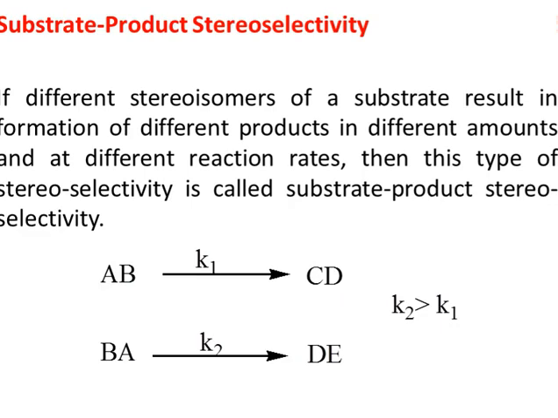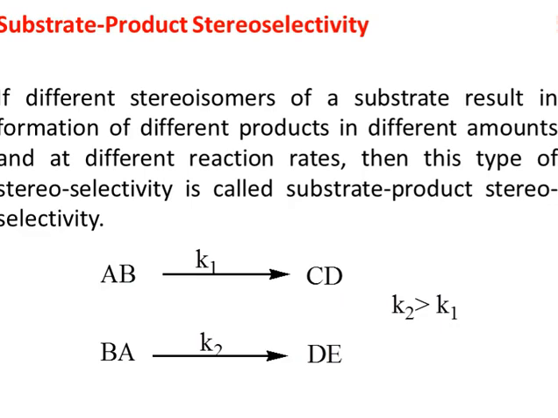We saw product stereoselectivity. If the stereoselectivity is determined by the product, the simple way is that we are using one substrate and it is forming two products at a different rate or in different amounts; since the stereoselectivity depends on the product, this is an example of product stereoselectivity.